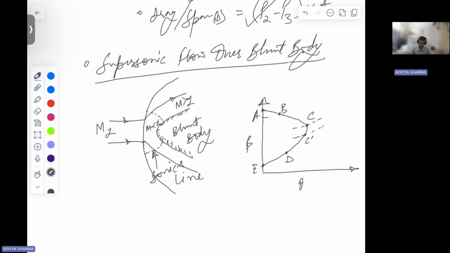So A point basically is your center point towards axis, right? So here you are going to see a normal shock, okay, A point. Then if you move slightly away from this center line, then you are going to get a strong oblique shock, okay.